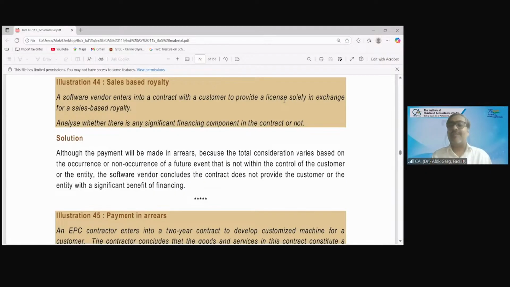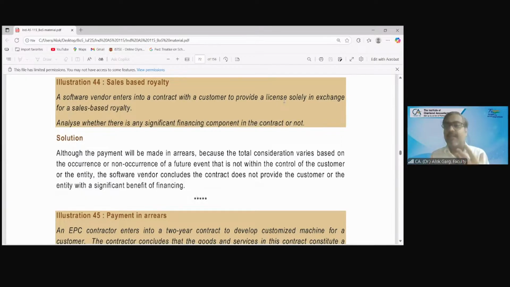So it is not a significant financing component. Financing, as the word suggests, what is financing? It's a kind of fixed, determinable or determined amount, right? When you are getting financing from a bank, you are aware that you are taking so much of a loan.